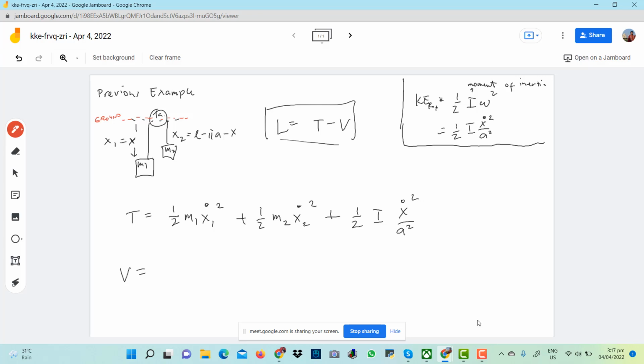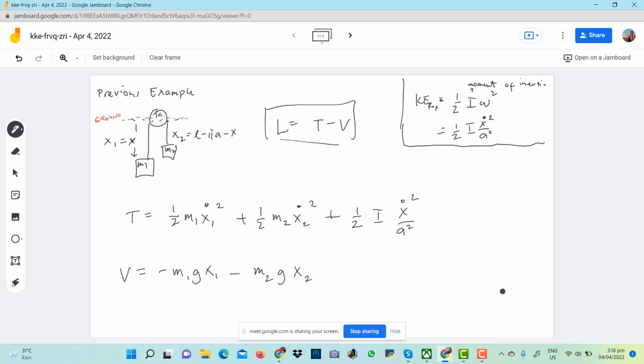In this case, M1 is located at x1. So we have minus M1 g times x1, minus M2 g times x2. But take note, there is this relationship between x1 and x2, right?